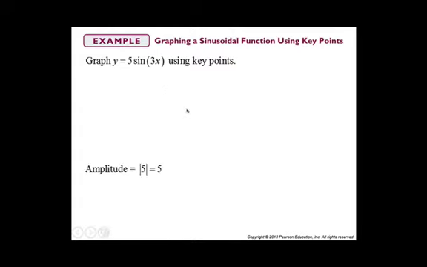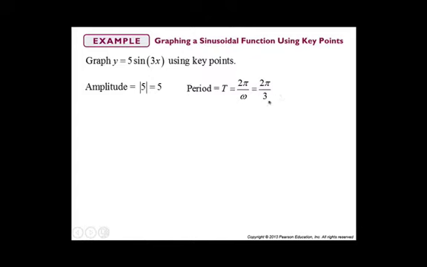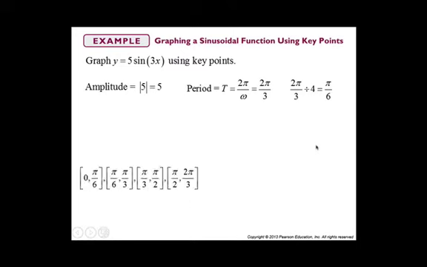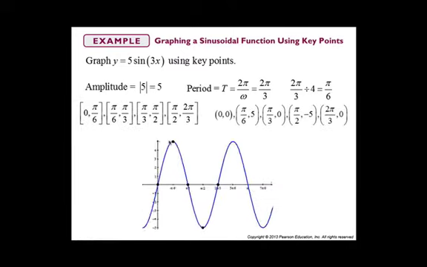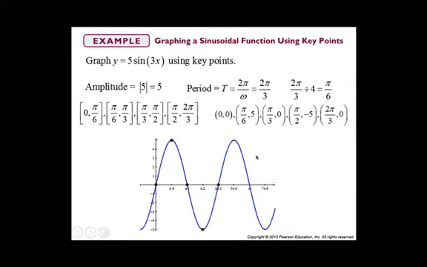And I'm going to take this, I'm going to divide it by 4 because I got 4 quadrants. And each interval point on the graph will be identified by pi over 6. And here you go.